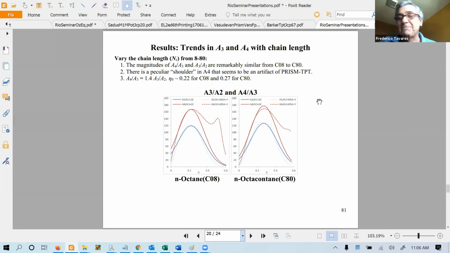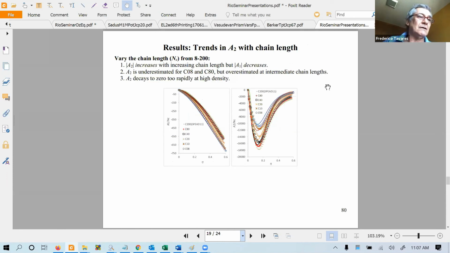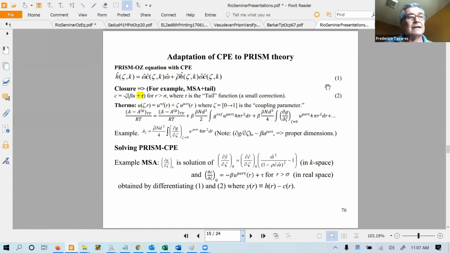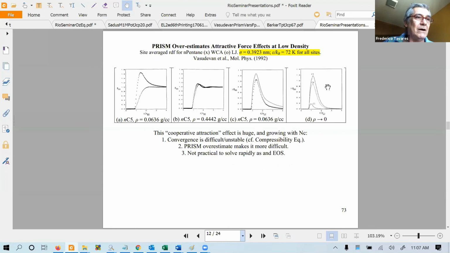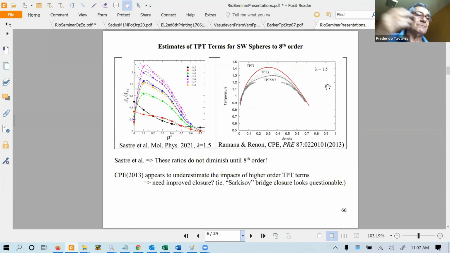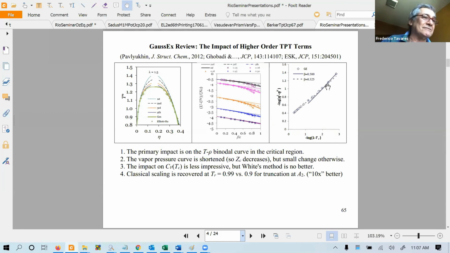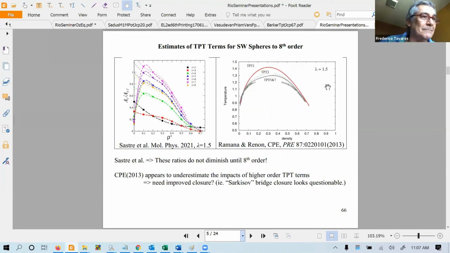I'm still puzzled about the Gaussian expansion, how it corrects the critical point without any kind of renormalization. I learned from physicists that we should do some kind of renormalization to get the critical behavior correct.